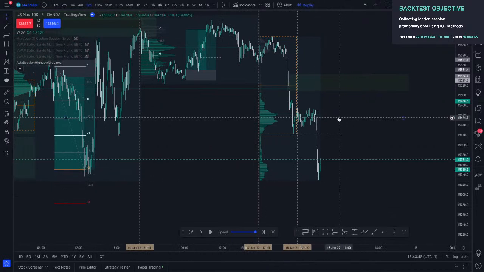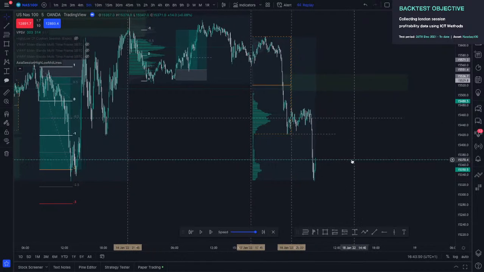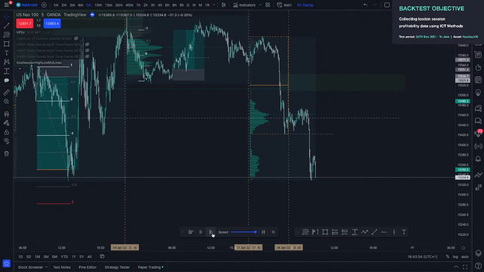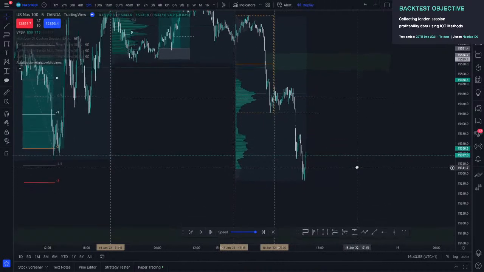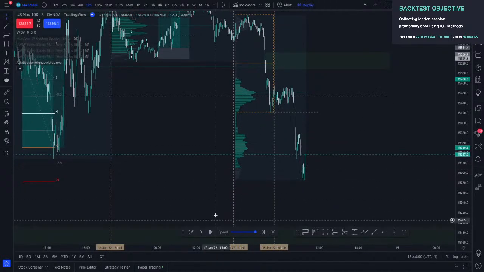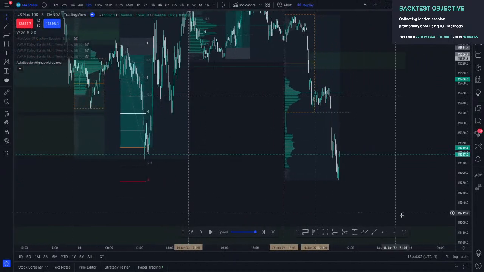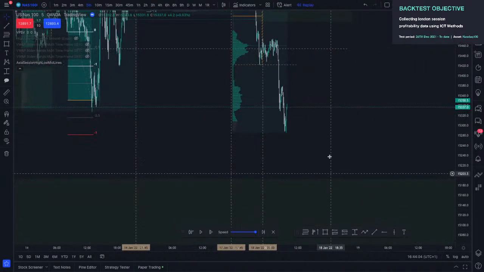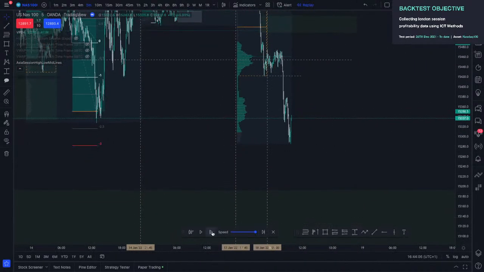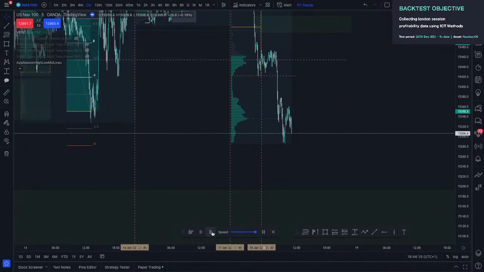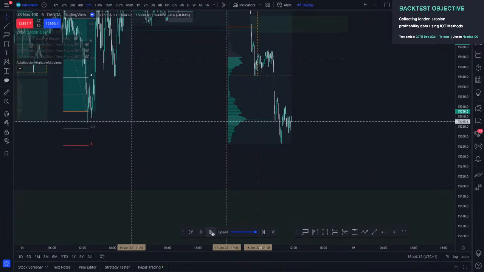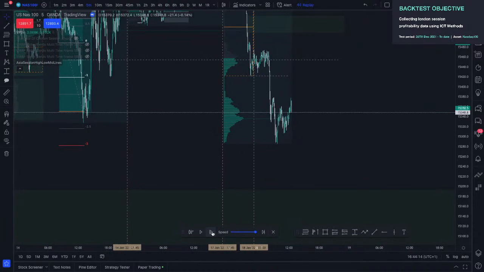Completely crossed the line that I was looking for. Nope, continued down. So we're reaching this green level down here. Yeah, this is a done day for me. No trade from me on this day.